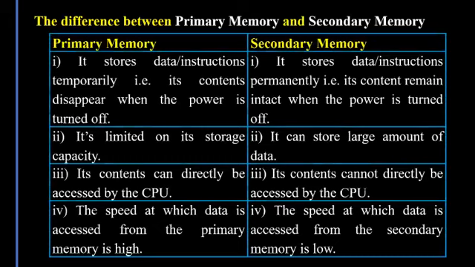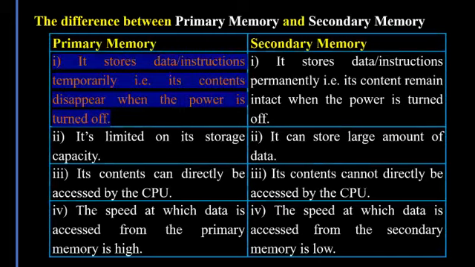Here we have these differences. With the primary memory, it can store data or instructions temporarily. That is, its content disappears when the power is turned off. That is the primary memory. It stores data and instruction temporarily.